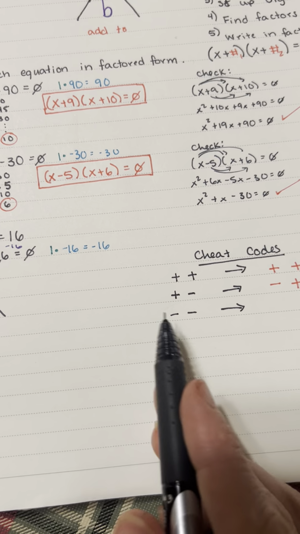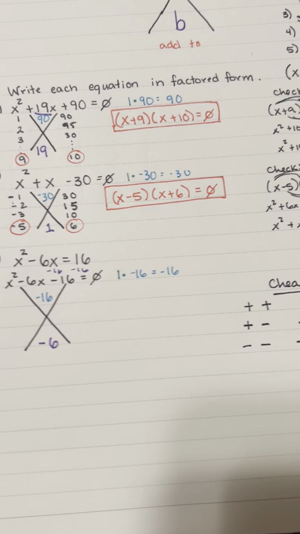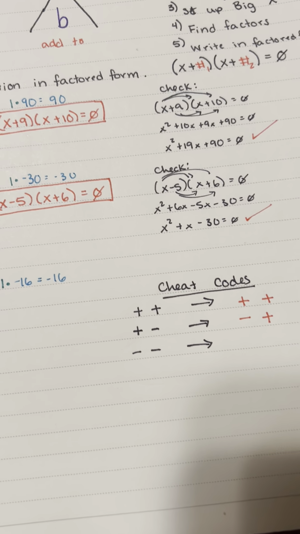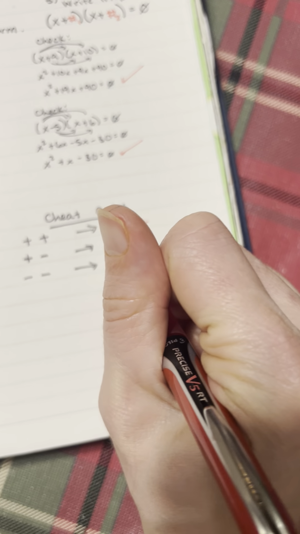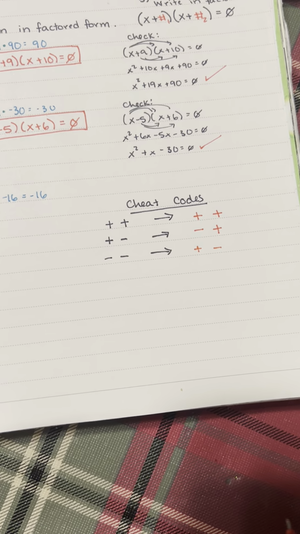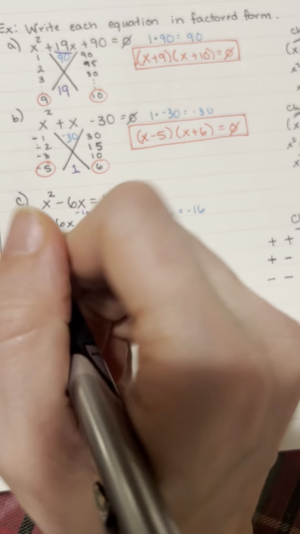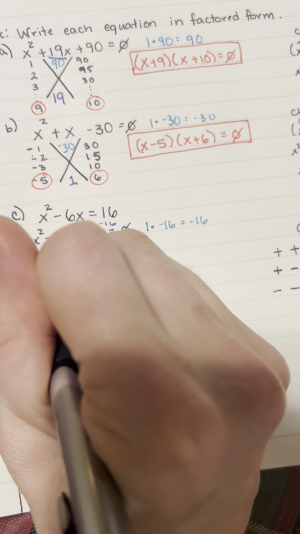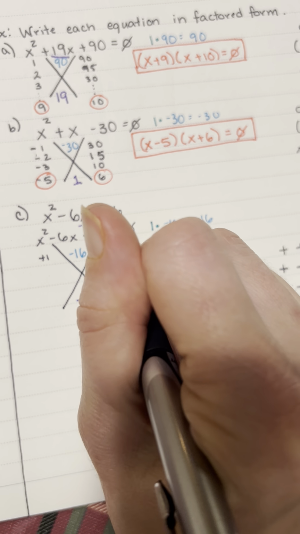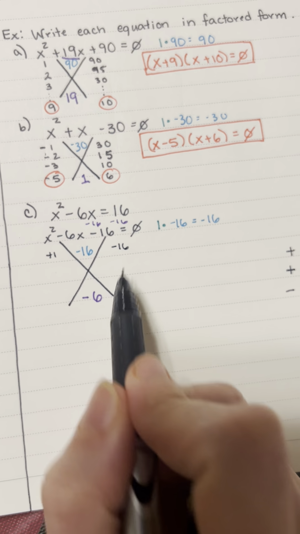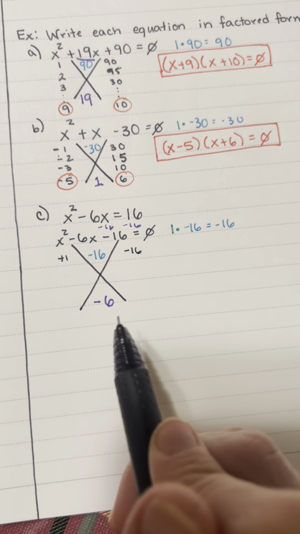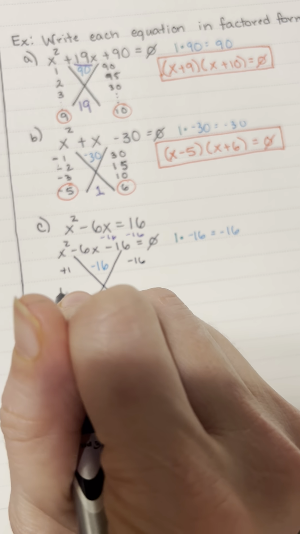So a negative times a negative and a negative is going to be a positive number and a negative number. That's how we're going to get it. So in this case my factors are going to be positive 1 and negative 16. And look, 1 minus 16 is negative 15, so we're in the negative zone, which is what we want.